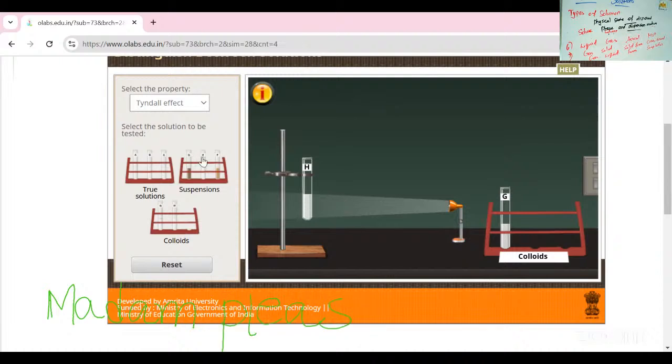So students, is there any doubt regarding the true, colloidal and the suspension? With the help of these three properties, we can clearly observe what the properties of those three kinds of solution are, and what their nature is. Okay, is that clear? Shall we move to the next category?